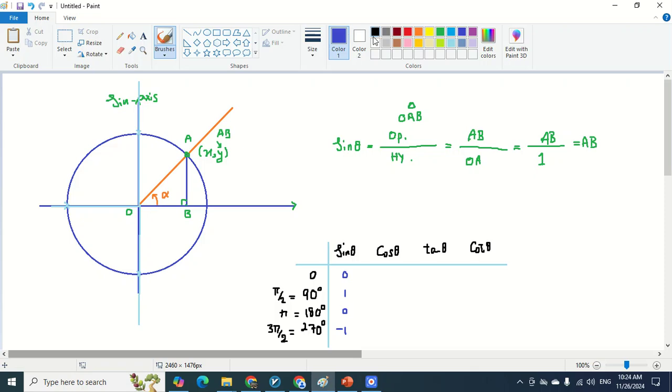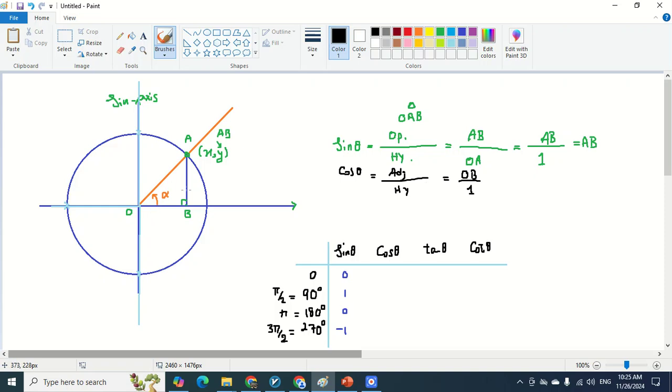With a similar discussion, if we want to calculate the cosine of theta, then we can see that the cosine of theta is equal to the adjacent side over the hypotenuse of that right triangle. If you replace the values again, the adjacent side will be equal to OB, and the hypotenuse is OA, which is equal to 1.